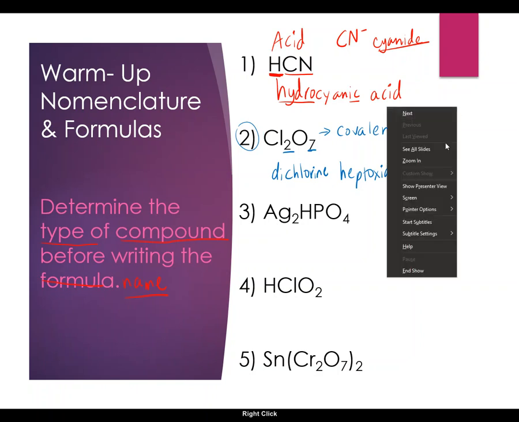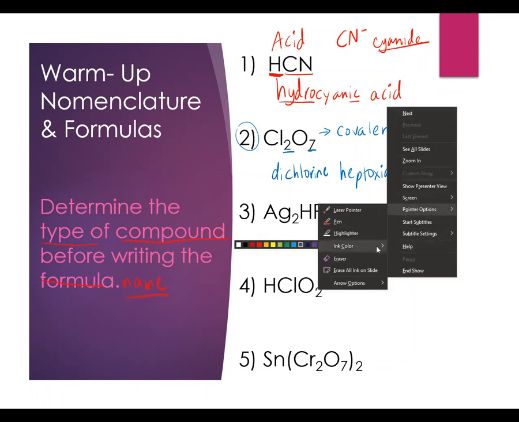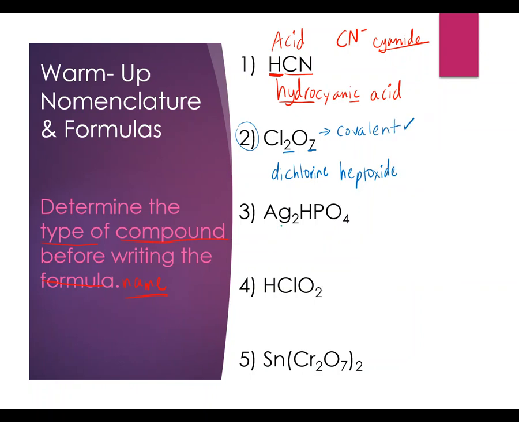Alrighty, moving on to number 3. What type of compound are we dealing with here? What does that Ag automatically tell me? What do we got? It's ionic. Very good. This one's ionic because Ag happens to be a what?